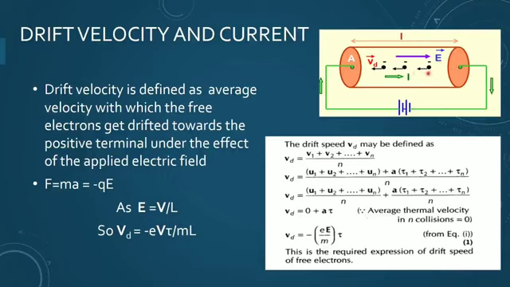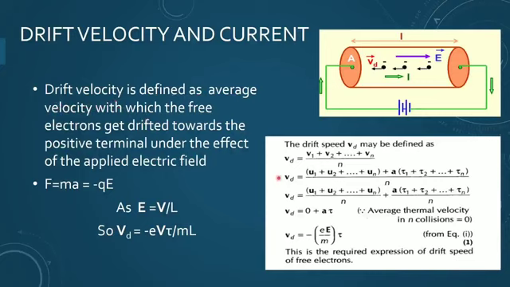Then the electrons keep moving, and if I calculate the average velocity with which the electrons drift towards the positive terminal under the effect of the applied electric field, this average velocity is known as drift velocity.